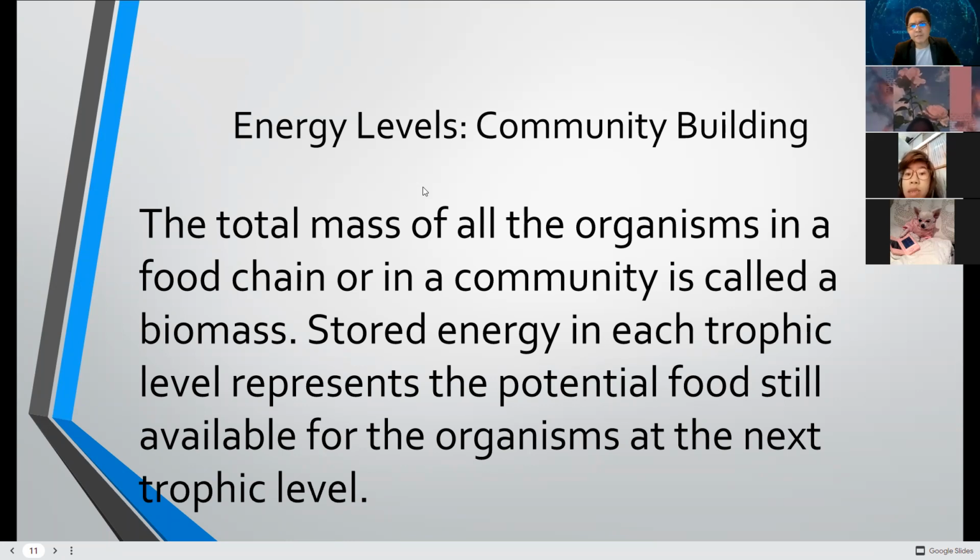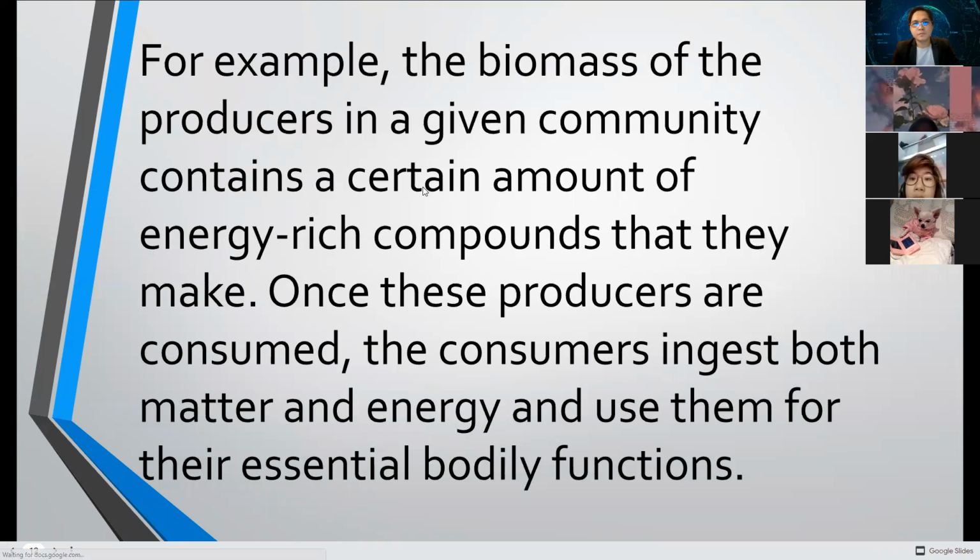Anyway, again, talking about biomass, this will give us an idea about how many species are living there or how big the community living there is. For example, the biomass of producers in a given community contains a certain amount of energy-rich compounds that they make.